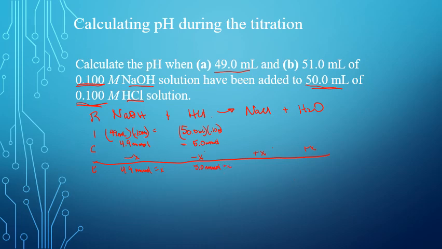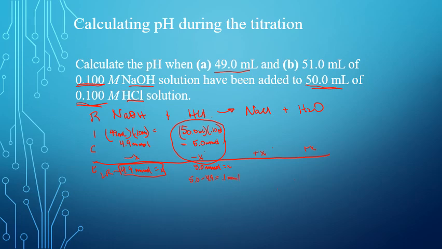So in this instance, I know that the NaOH, what was in my burette, is still my limiting reactant. So if I take this value and plug it in to solve for the amount of moles that are left over, I'd have 5.0 minus the 4.9, that would leave me with 0.1 millimoles.